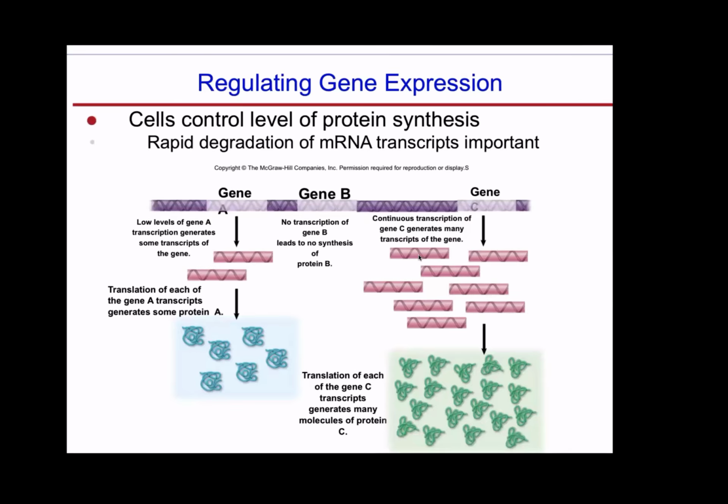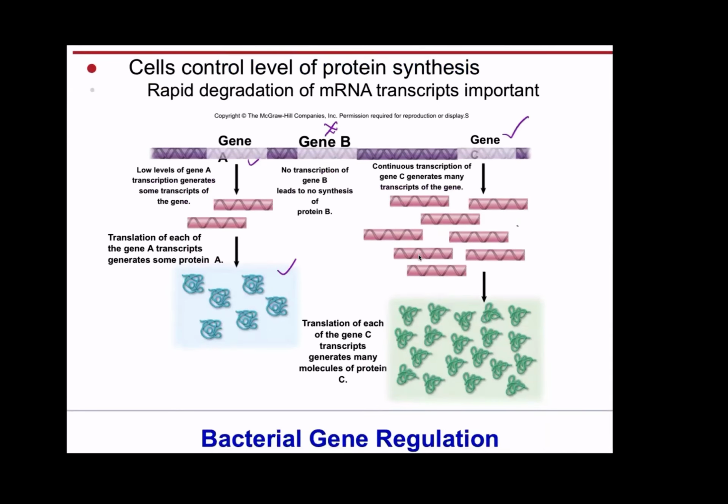For example, for this gene A, you can see that some protein is being made, a basal level of expression. This gene is kind of off, meaning it's not making any protein. This gene here is making a lot of mRNA and a lot of protein, because there is a need for gene C's protein.